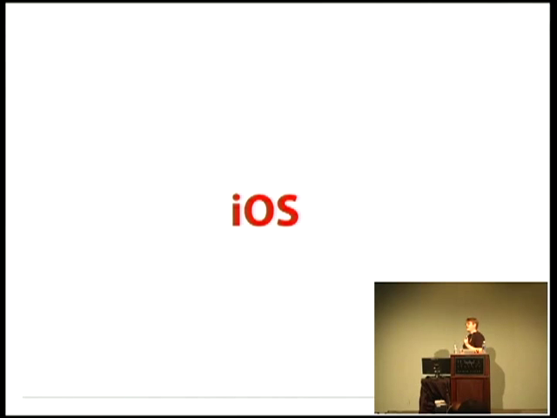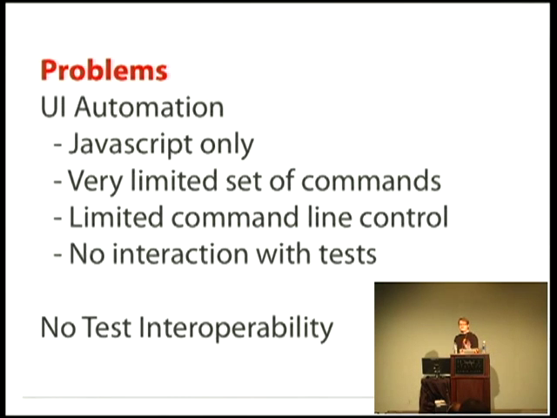So if you're working on an iOS app and you want to test, right now your only option is UI Automation. And UI Automation is a big problem. Here's why. You have to write your UI Automation tests in JavaScript. And you have to upload those tests all at once to the Instruments test runner, which then will not let you talk to your tests or do any introspection in those tests.